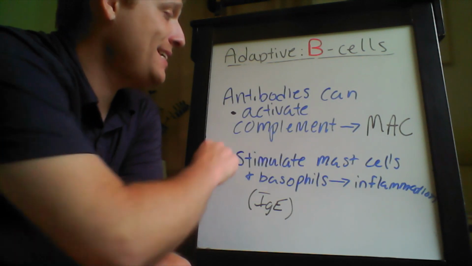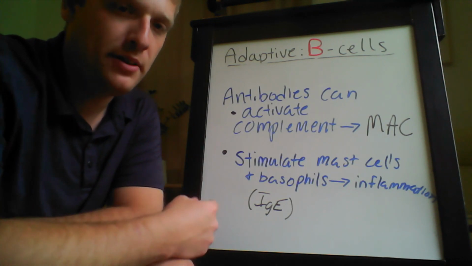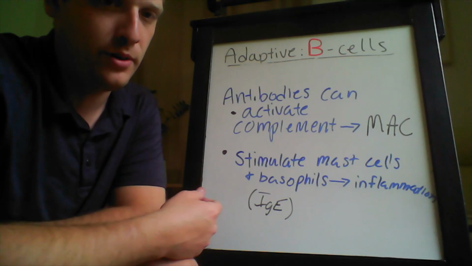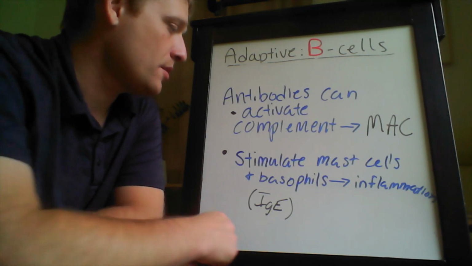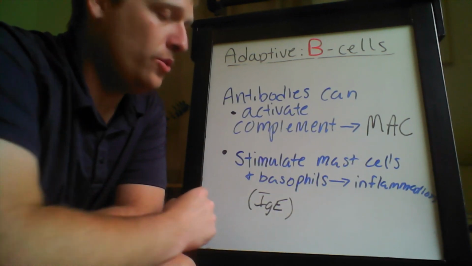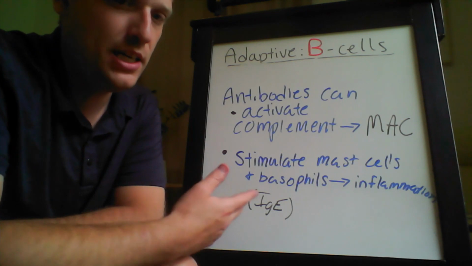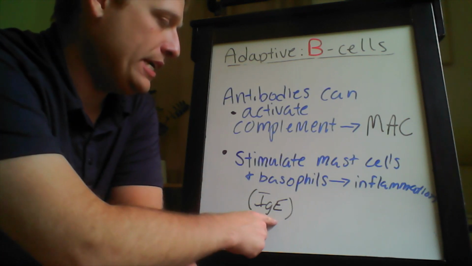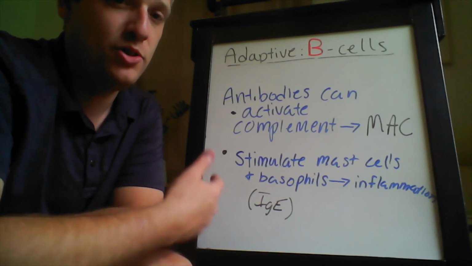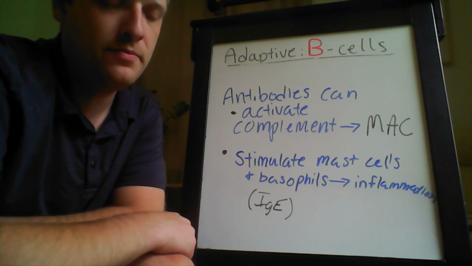So antibodies can activate that complement system, and they can also stimulate the production of inflammatory cytokines and other inflammatory mediators, those mediators being released by mast cells and basophils. So certain antibody, IgE, we talked about IgG, this is immunoglobulin E, can bind to mast cells and basophils and cause them to increase their production of inflammatory mediators.